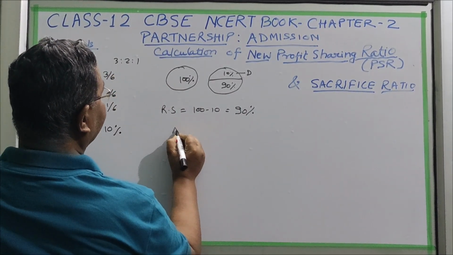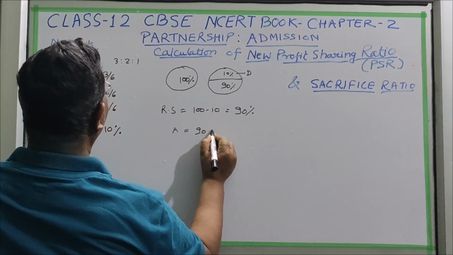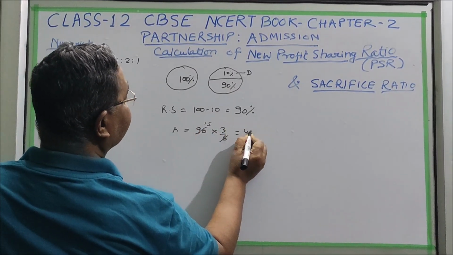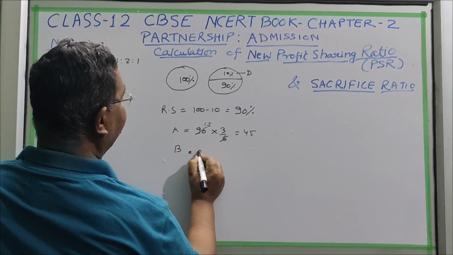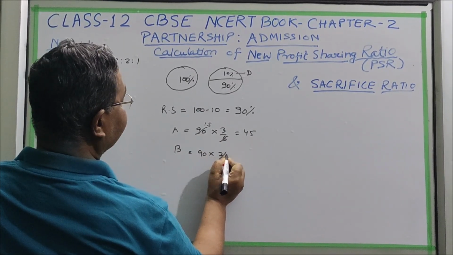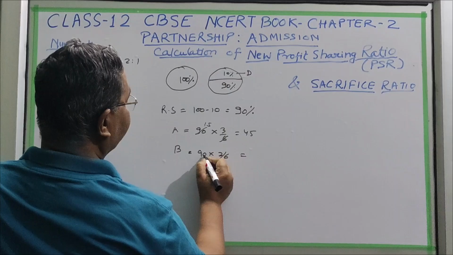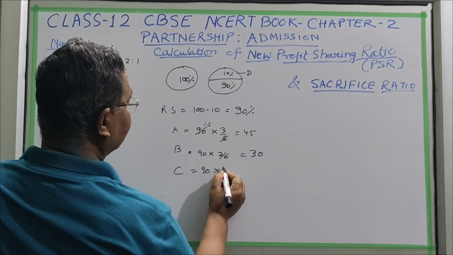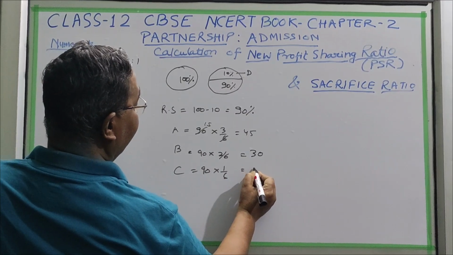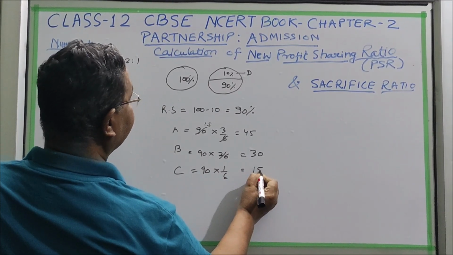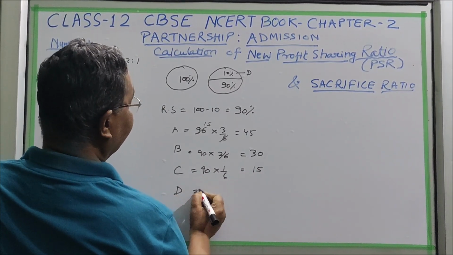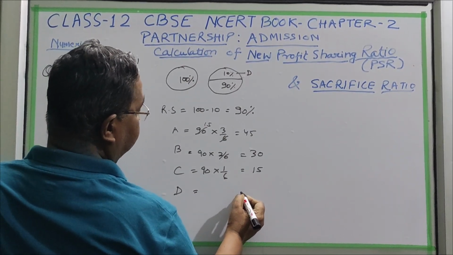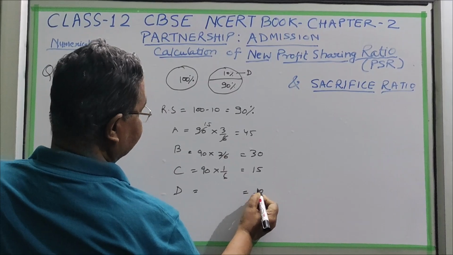A will get 90 into 3/6, that is 45. B will get 90 into 2/6, that is 30, and C will get 90 into 1/6, that is 15, and D will get 10%.